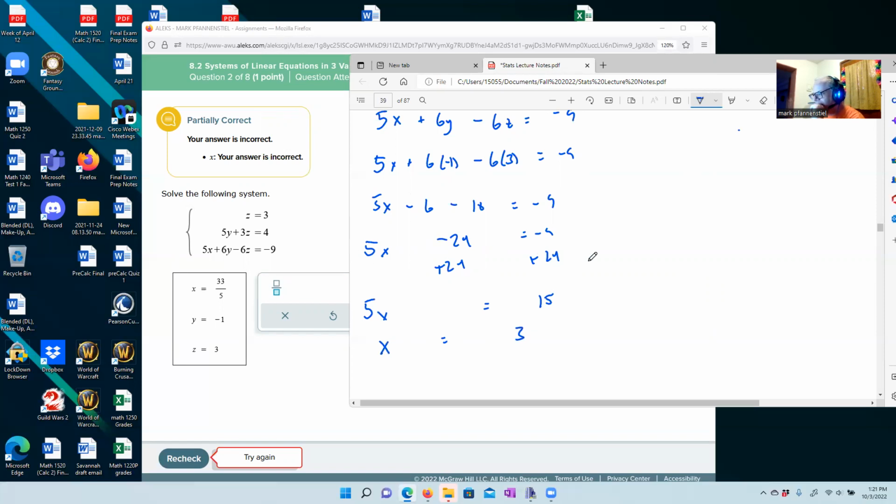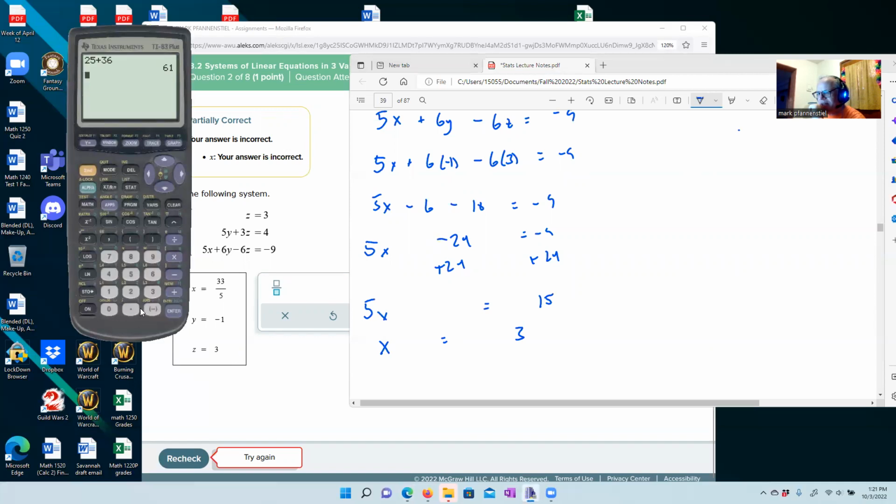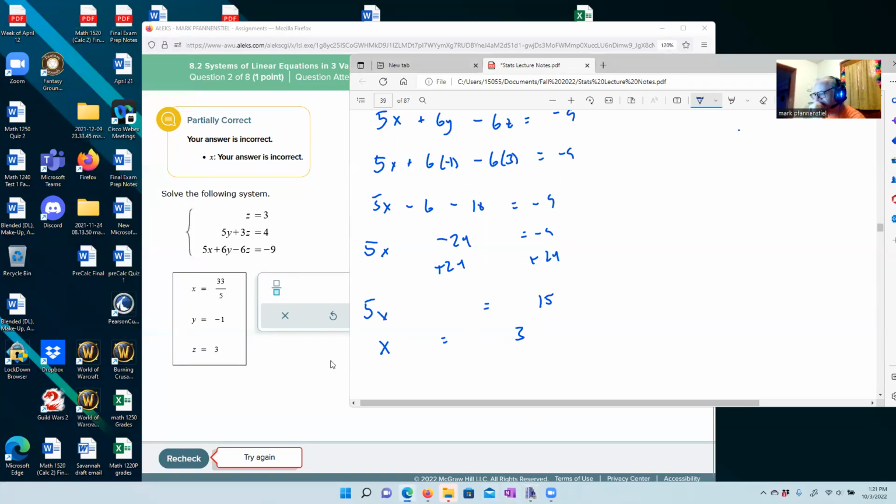So let's see here. I'm going to double check this because my arithmetic kind of sucks at this point. So we're going to go ahead and say -9 minus 24, or no, plus 24. So I'll get it wrong again. So we're just going to double check it. Hey, look at that, 15. I was good. Okay. So we'll say x is equal to 3.